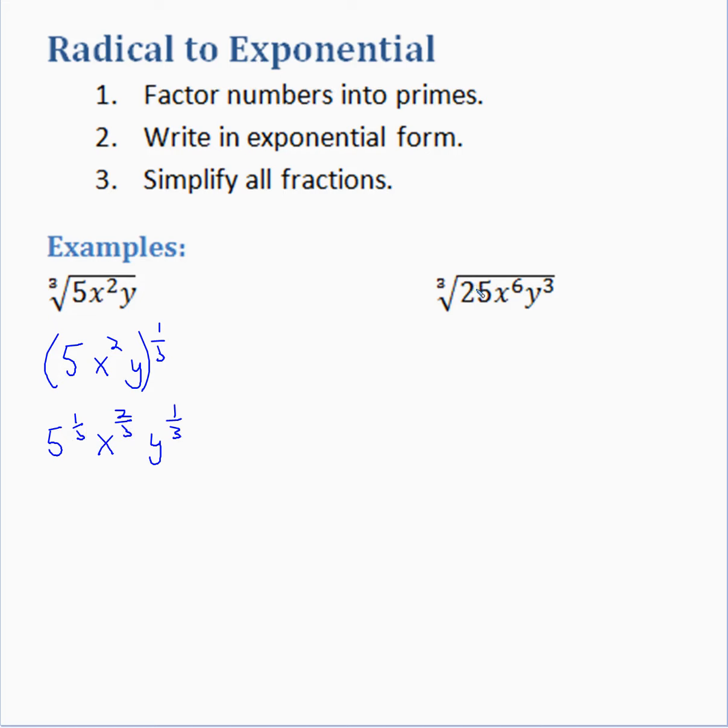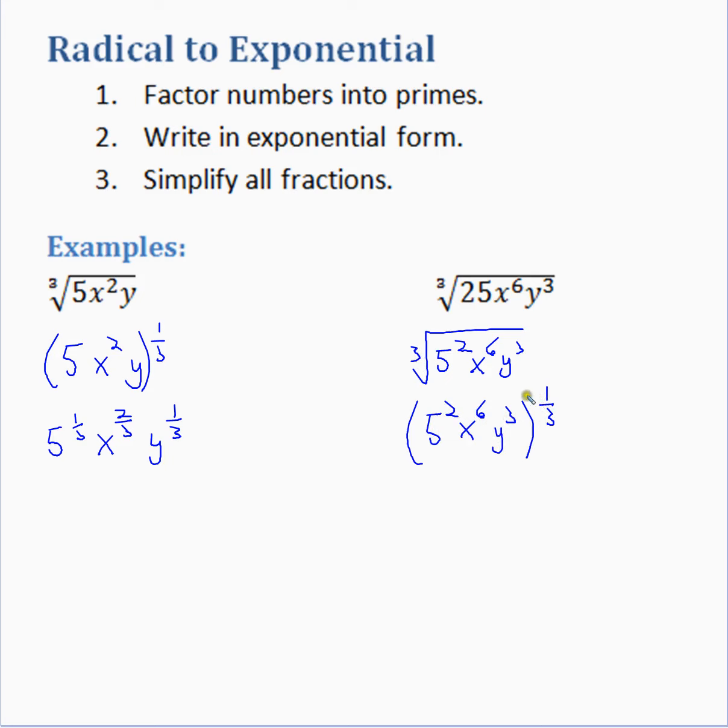The next one, we'll do the same idea, except this 25 we can write as 5 squared. And we can put that in exponential form. So this is to the 1/3 power again, similar to our last example. So this is 5 squared x to the 6th y cubed, to the 1/3 power, using that property we just learned.